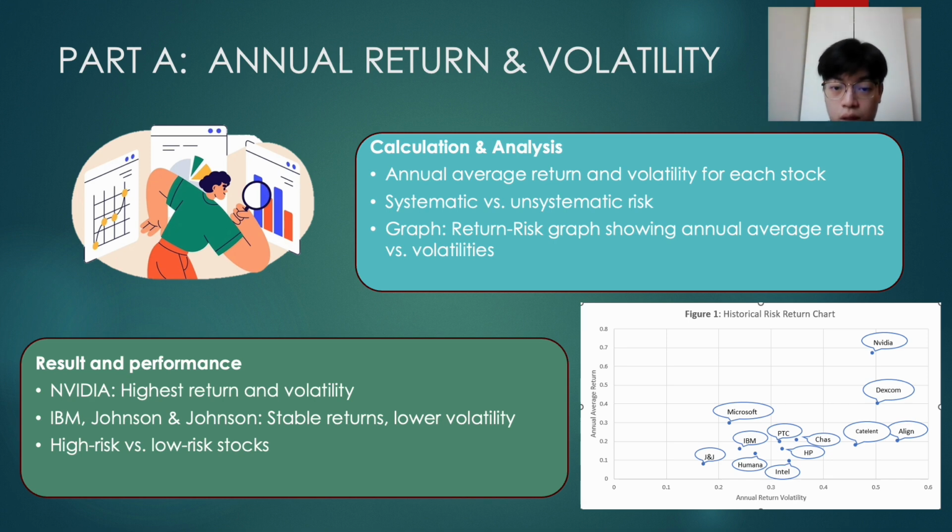On the other hand, companies like IBM and Johnson & Johnson have more stable returns with lower volatility, which is great for those who prefer less risk. So all in all, part A gives us a clear picture of how each stock performs in terms of risk and return. It helps us see which stocks are higher risk, higher reward, and which ones are a safe bet.